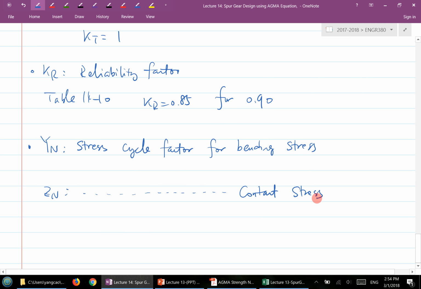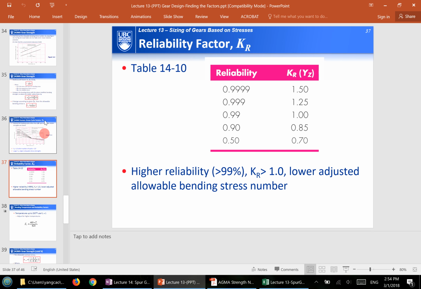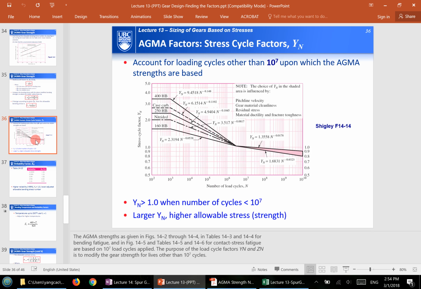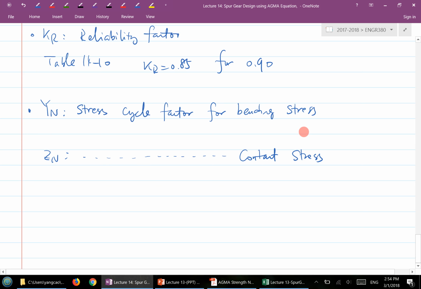So how do I find YN and ZN? There are two figures we can make use of. Here's figure 14-14 for YN.